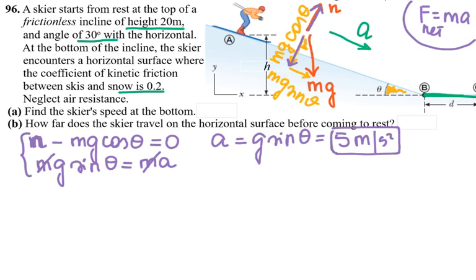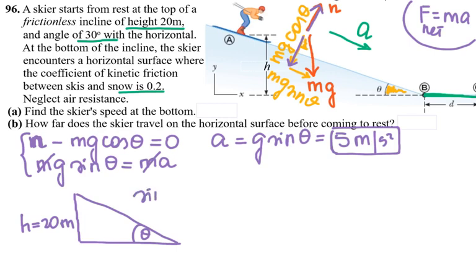Now, since I know my acceleration and the height, I'm gonna make this triangle right here again. I have a triangle, and I have a 30-degree angle right here, and h is given, 20 meters. Then I'm gonna call it theta.